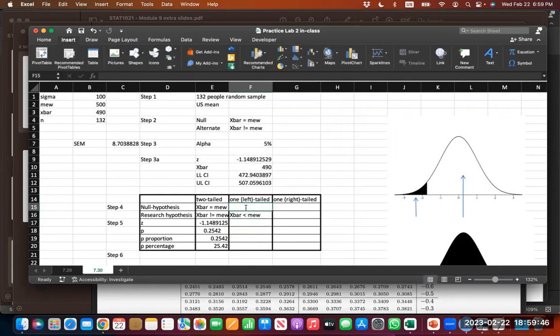Our null hypothesis X bar is greater equal mu. Our set remains the same. Our P is now based on the research hypothesis, everything under the curve less than this set score of minus 1.14.